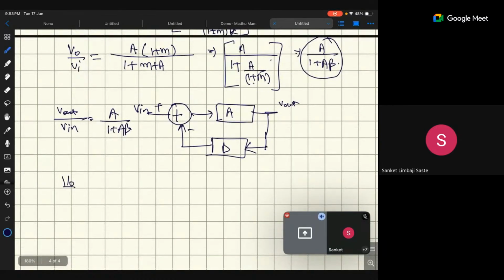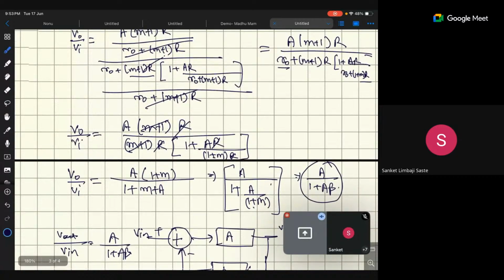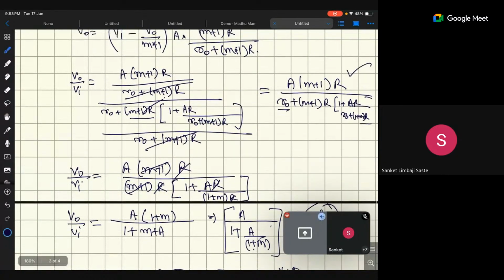V naught upon Vi is A upon 1 plus A upon 1 plus M, so beta is 1 upon 1 plus M. That is feedback. But because of this R naught, my formula will be replaced in this one.